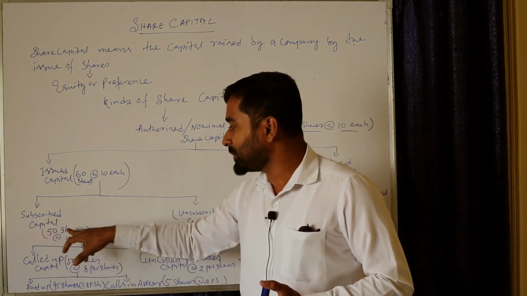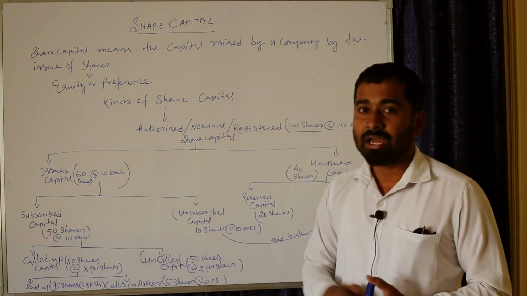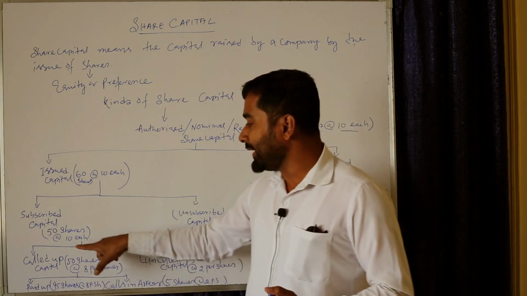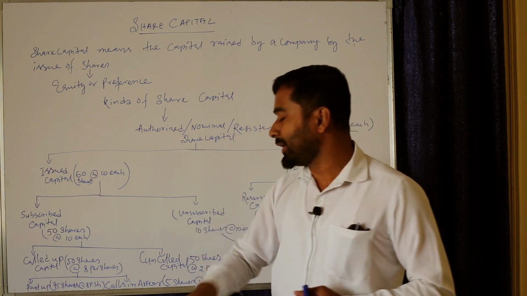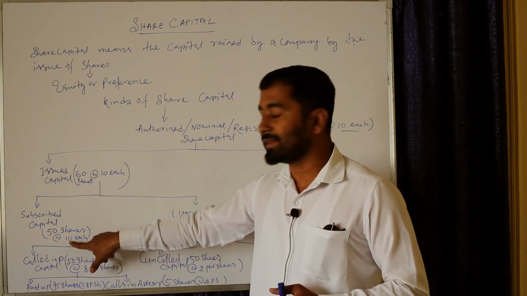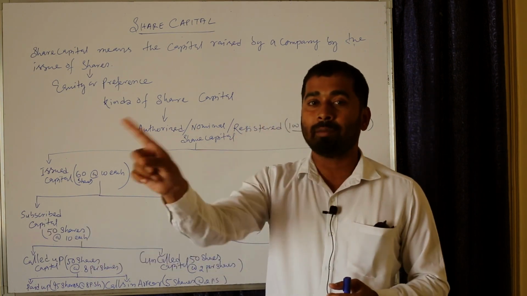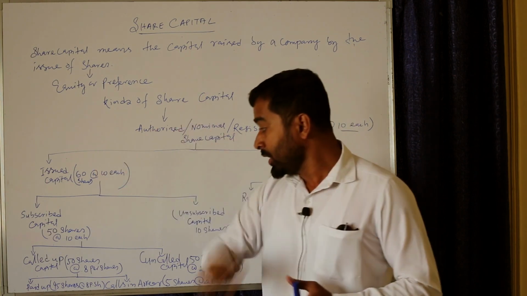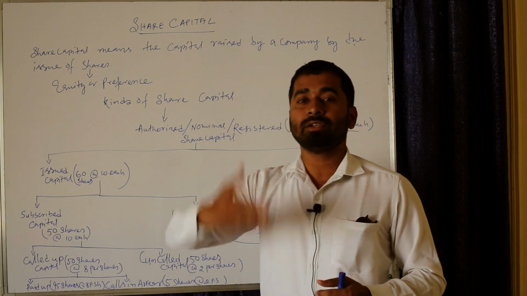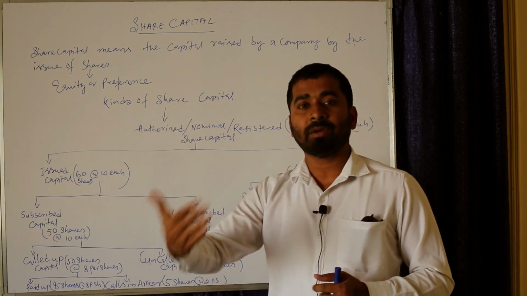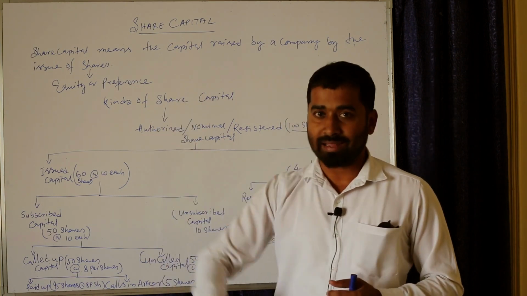Subscribed capital is 50 shares at the rate of 10 each. When I am calling for the money from the public, I am not calling all the money together. What I am doing, for example, is converting it into application money, allotment money, first call, second call, like that.